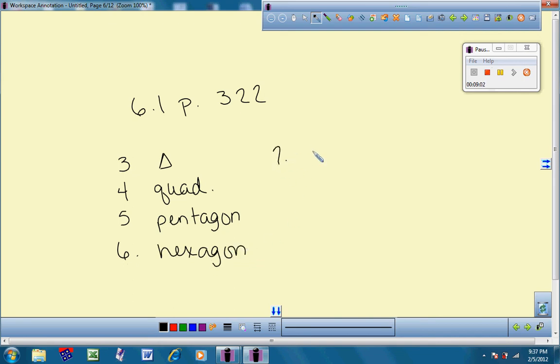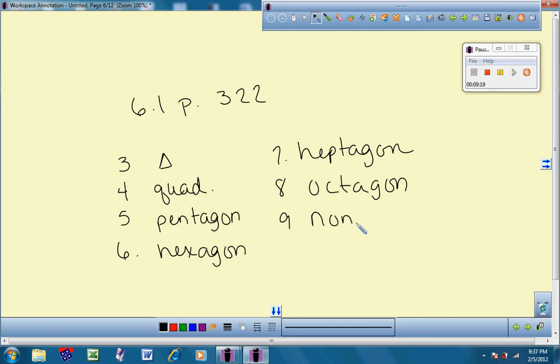A polygon with 7 sides was a heptagon. 8 sides was an octagon. 9 sides was a nonagon. And 10 sides was a decagon. And then 12 sides was a dodecagon.